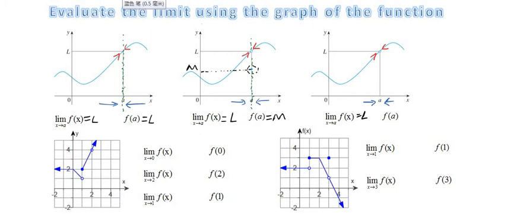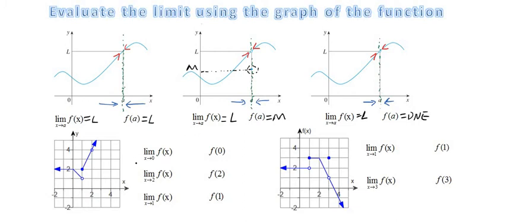We draw the vertical line at x equals a, and again we check whether there is a solid point on this vertical line. We find nothing, only an open circle here. That means it's undefined, or we can say it doesn't exist.